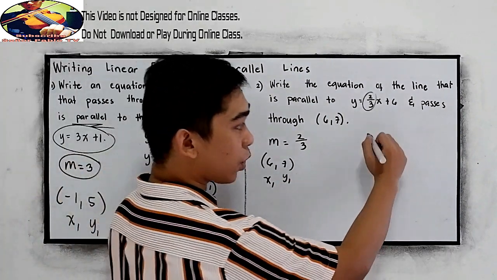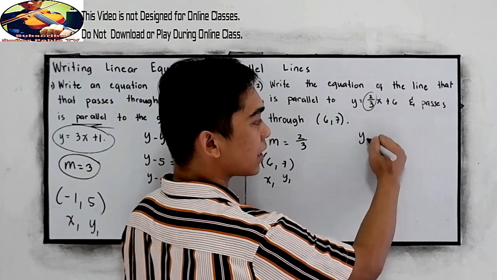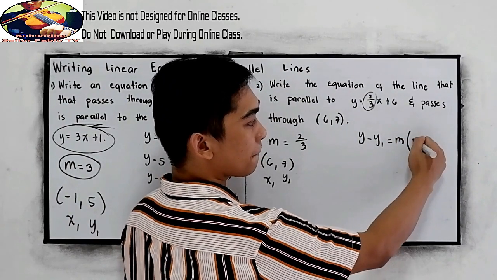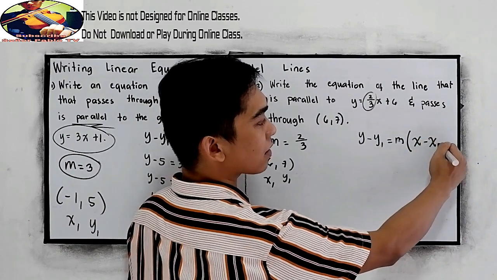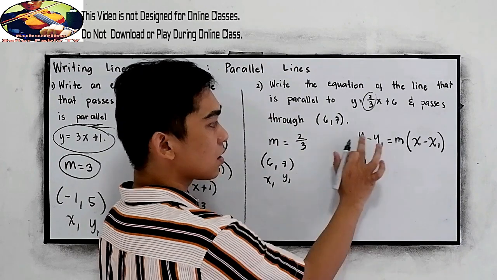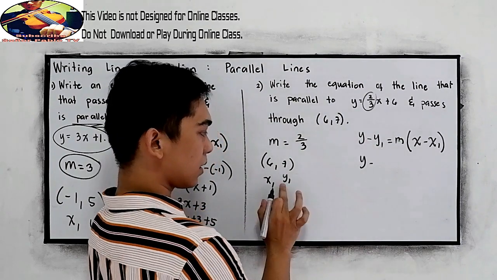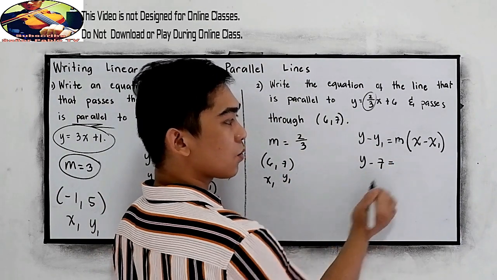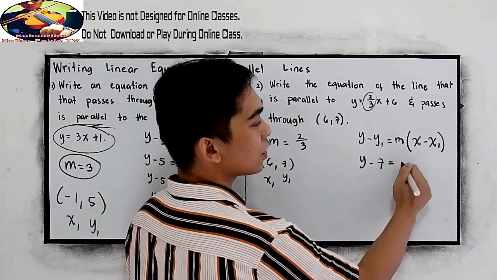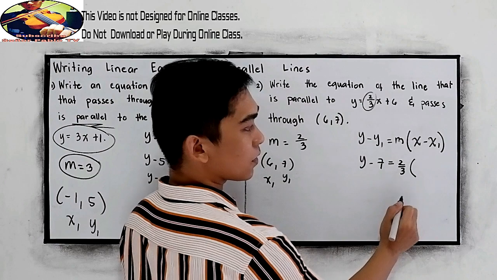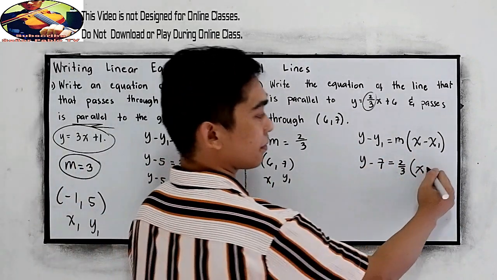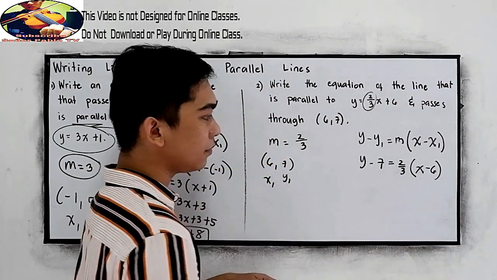Then write our point slope form. Y minus y sub 1 is equal to m times x minus x sub 1. Substitute: y minus 7 is equal to m. Our m is 2 over 3, times x minus x sub 1, which is 6.